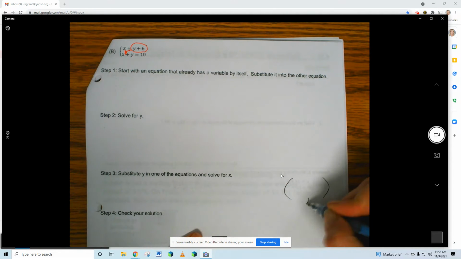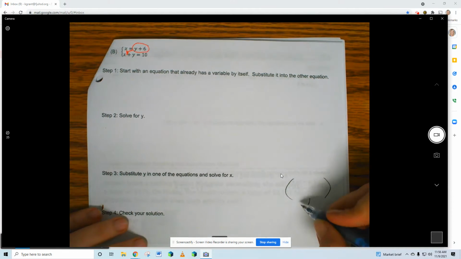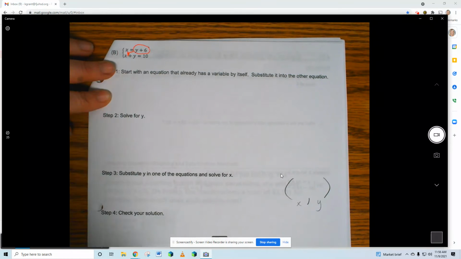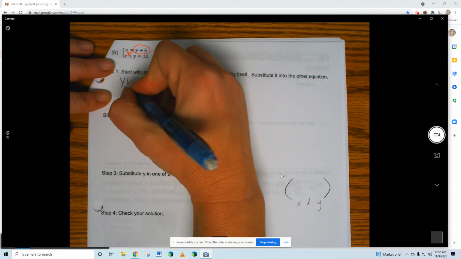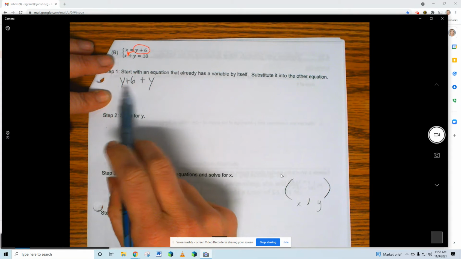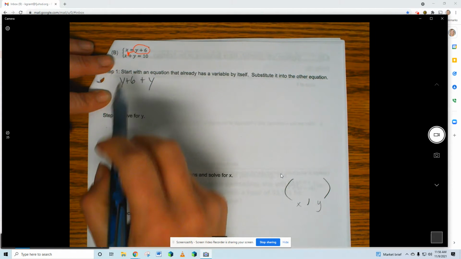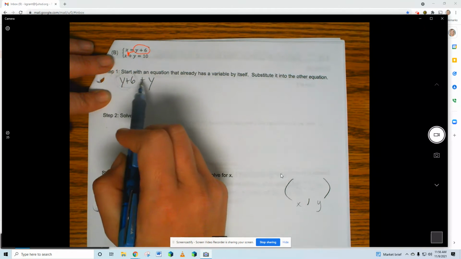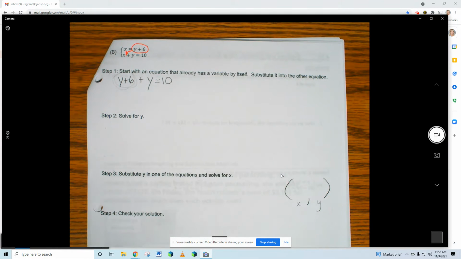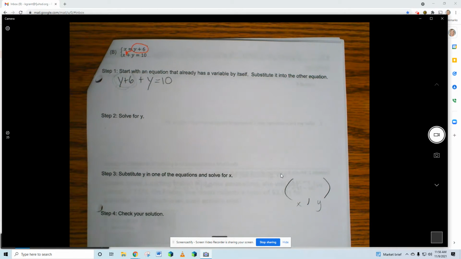Get an ordered pair answer. If x is y plus 6, I'm going to put y plus 6 in for x. This is x plus y equals 10. And then I keep going.